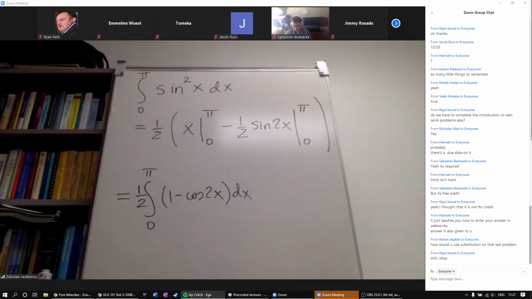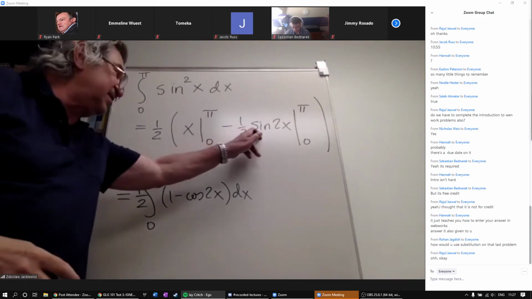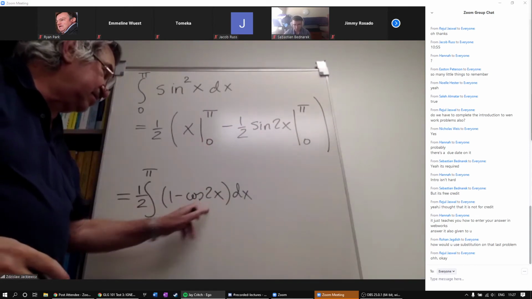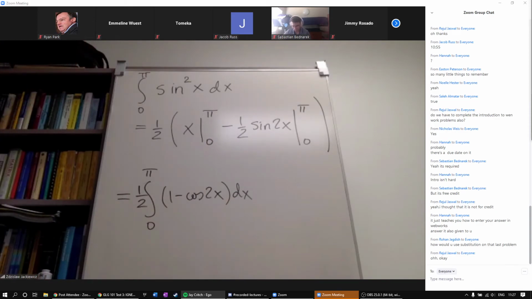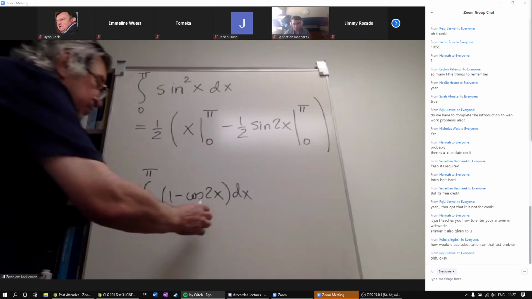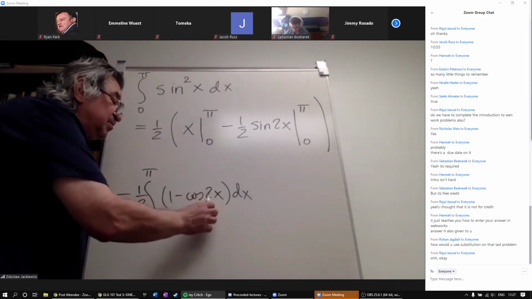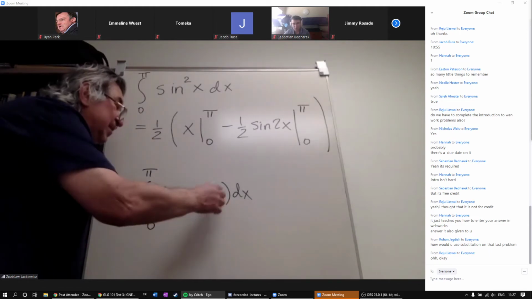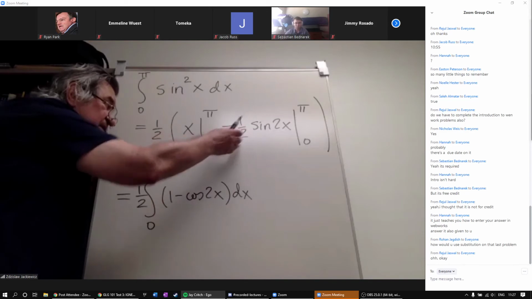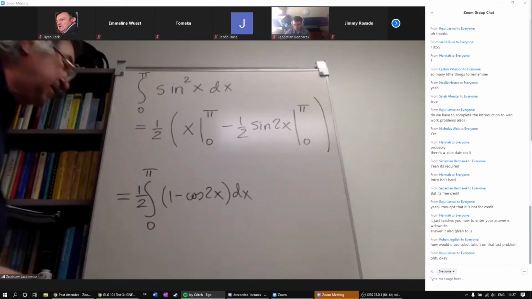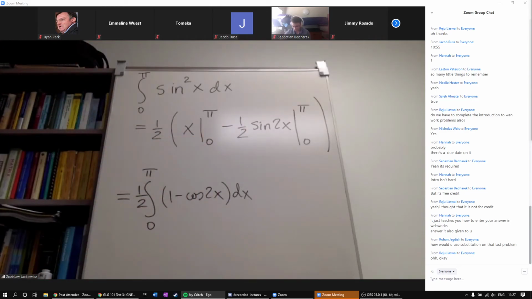Check it: if you compute the derivative of this, you get this. If you don't see it, integrate by substitution, put 2x equal u, and so on.